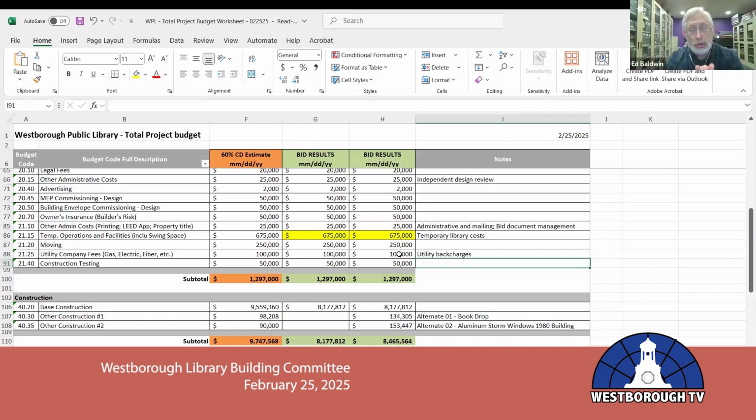So as far as this goes, we're agreed to reduce that 675 number that's highlighted by 50% to 330-something. Yes. Okay. I don't think we need to take a vote on this yet. At some point, we're going to want to take a vote on the total project budget, probably before we present it to town meeting.